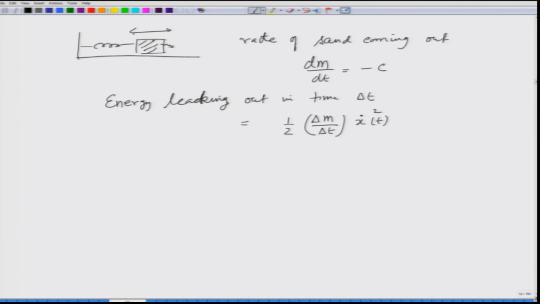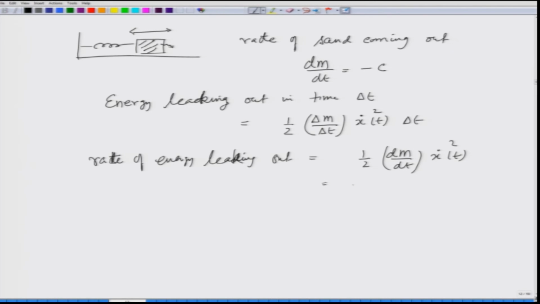In time delta t, it is going to be times delta t, and therefore, rate of energy leaking out is going to be equal to 1/2 dm by dt x dot t square, which is nothing but minus 1/2 c x dot t square.